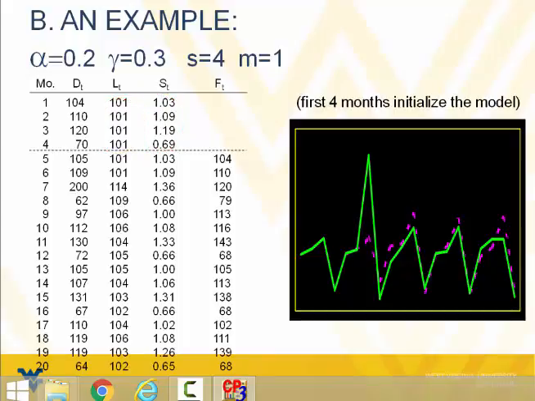Okay? The second thing is, I've given you my alpha and gamma. And again, it's not unlike calculating what should be my alpha when I'm doing simple exponential smoothing. I choose different values of alpha and beta, and then I see which one minimizes my mean square error. Okay, which one gives me the lowest mean square error.